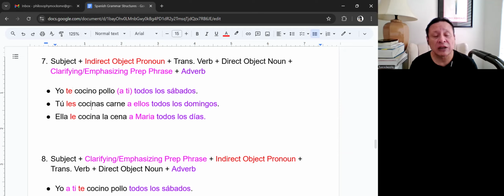Okay, another example of clarifying. Ella, she, le, which is him or her, or it could be referring to usted, so we don't know. Cocina la cena, dinner. She cooks dinner, and then a María. Oh, that's who the le is. Le is María.